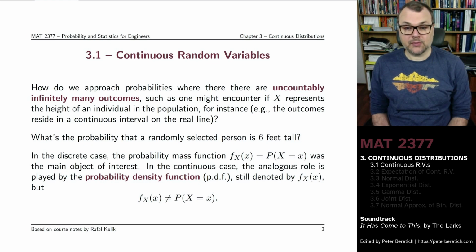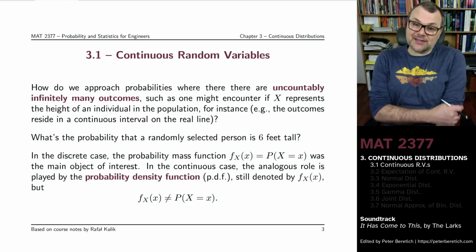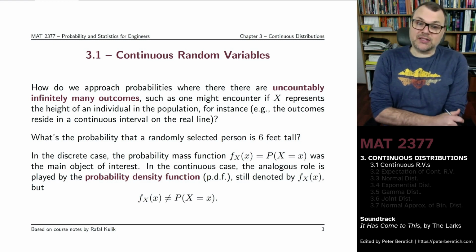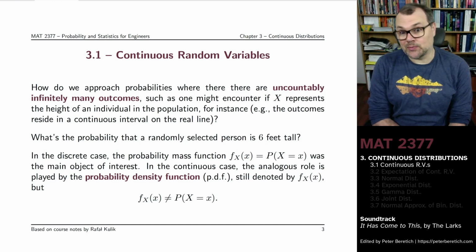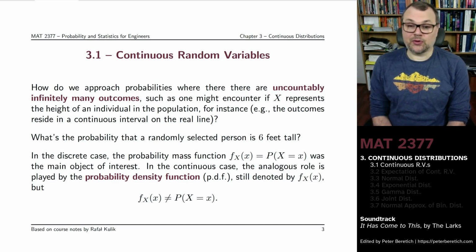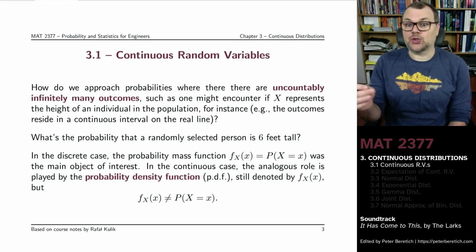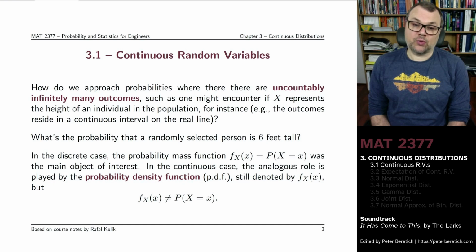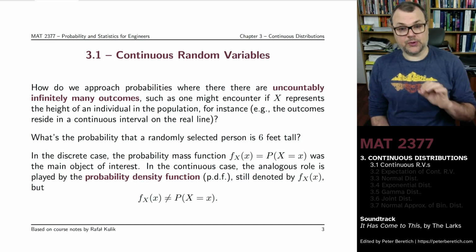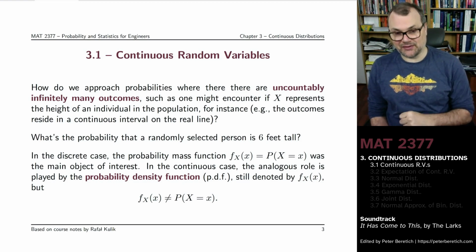In a discrete case, you compute probabilities using the probability mass function. It tells you what the probability is for the random variable to take on one of the potential discrete outcomes. It could be infinite, but still discrete. If you're working with continuous random variables, the role of the probability mass function is played by something called the probability density function.